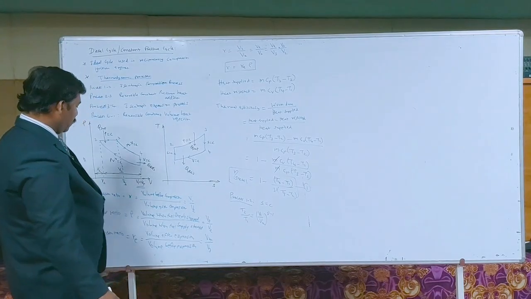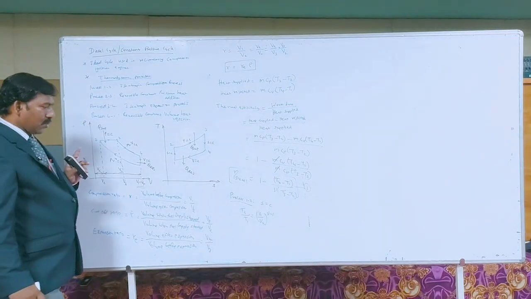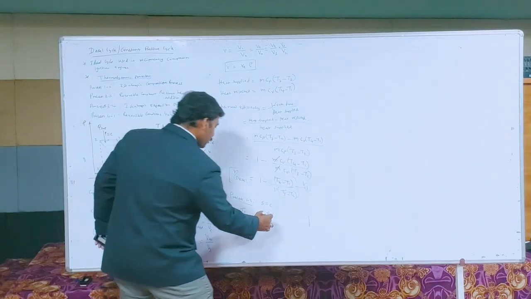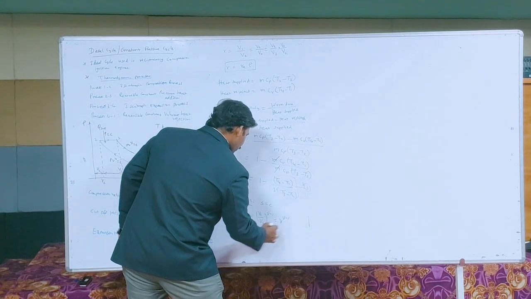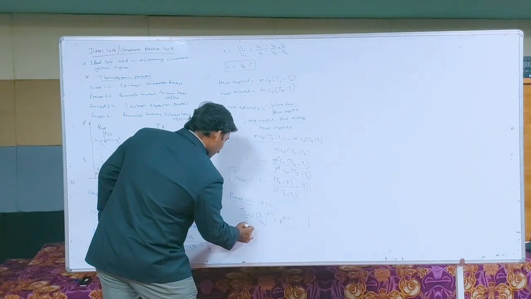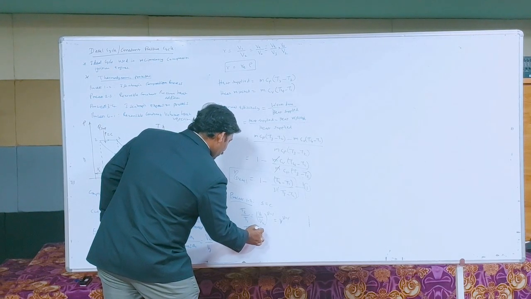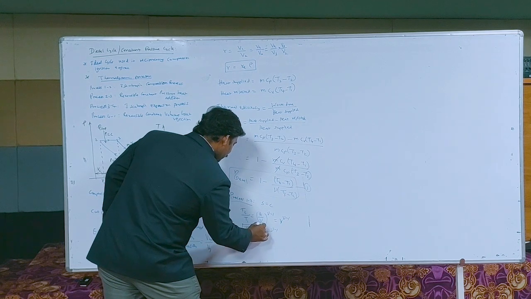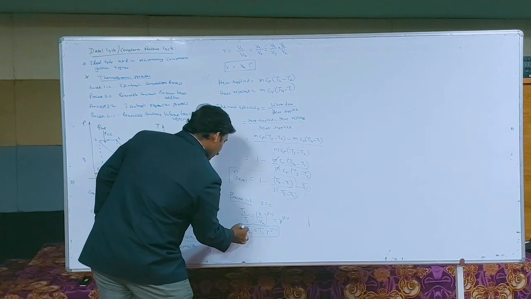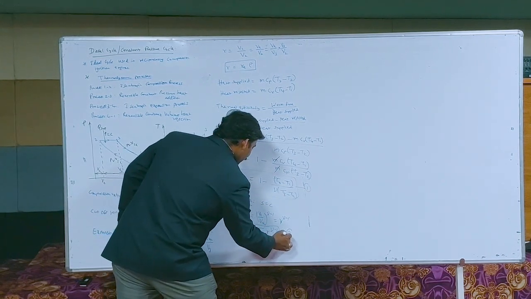V1 by V2 is the compression ratio R. So, we can write T2 as T1 into R power gamma minus 1. This is expression 2.